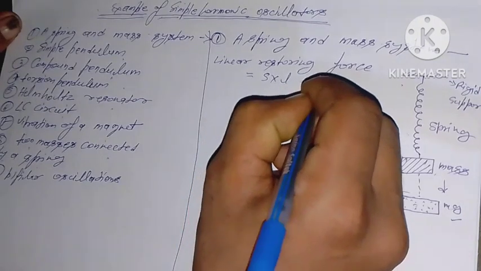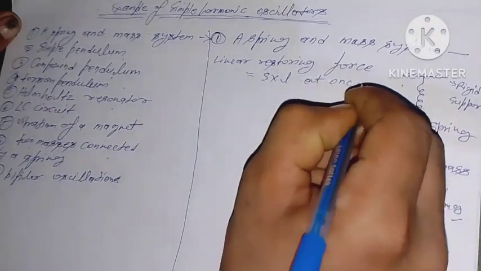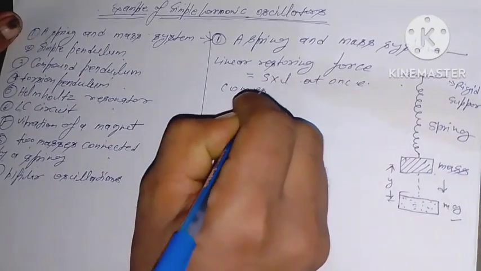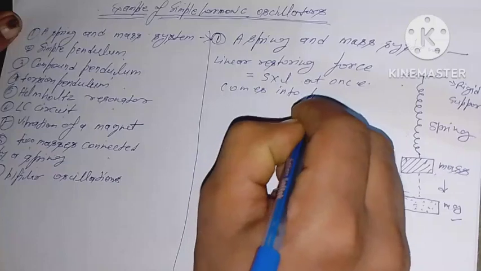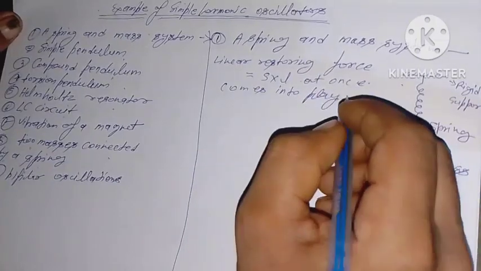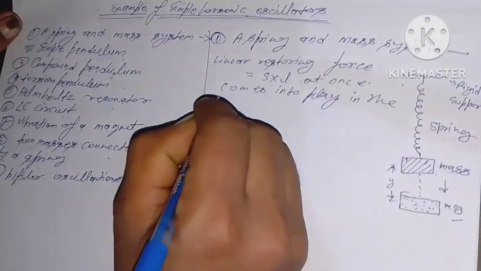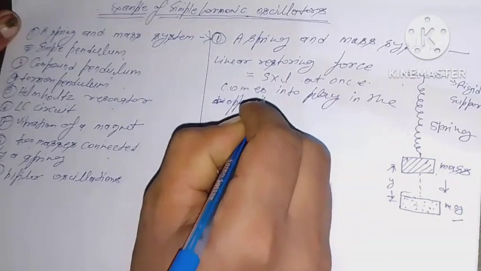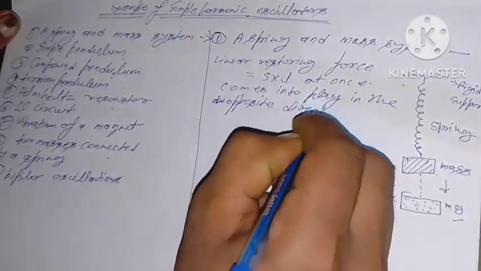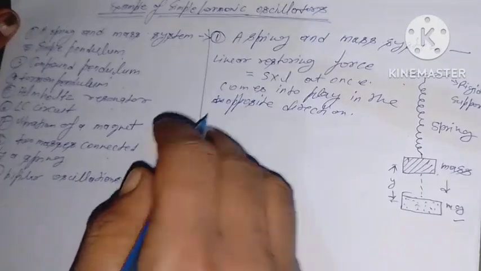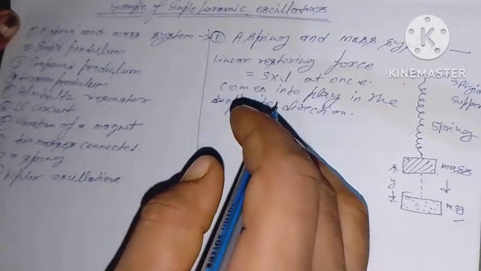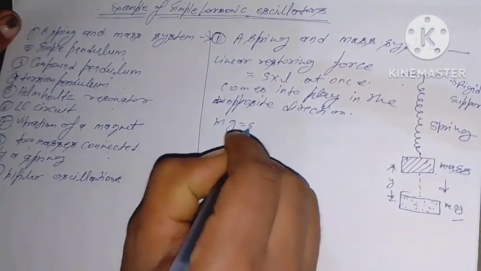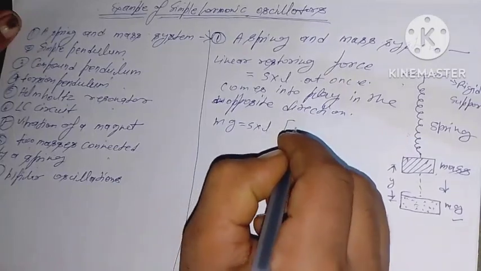The equilibrium position is attained when these two forces balance each other. So mg equals S multiplied by L for equilibrium.